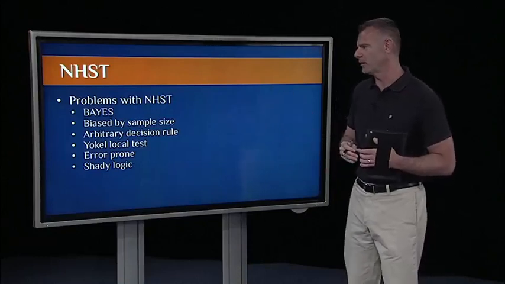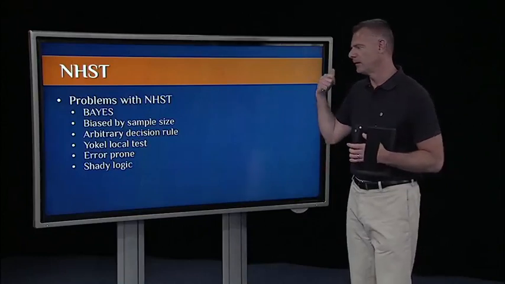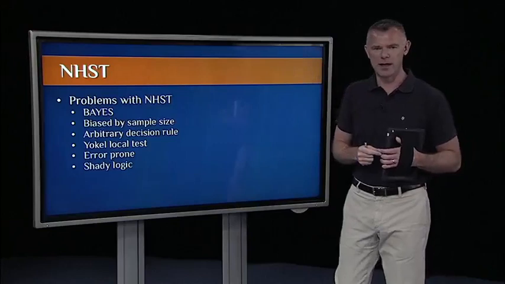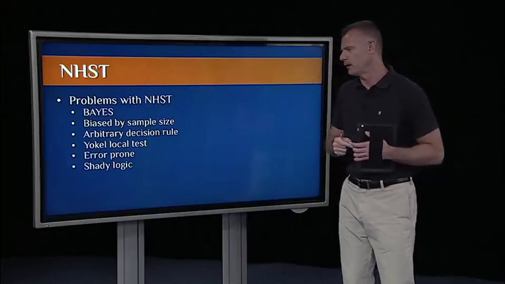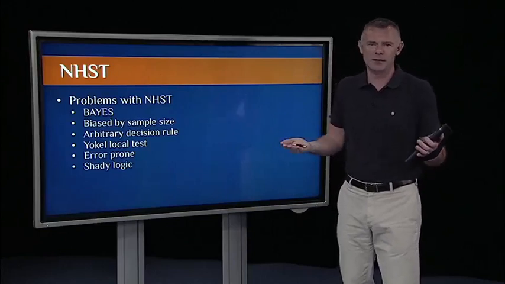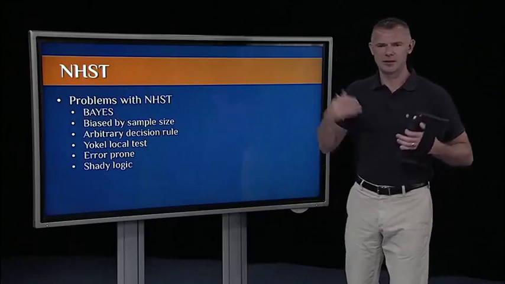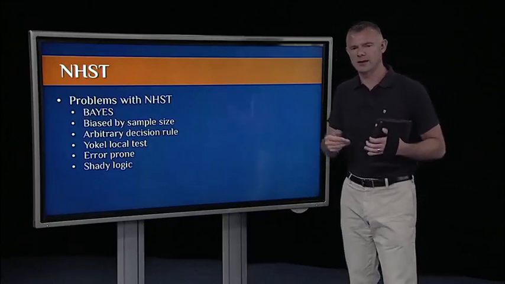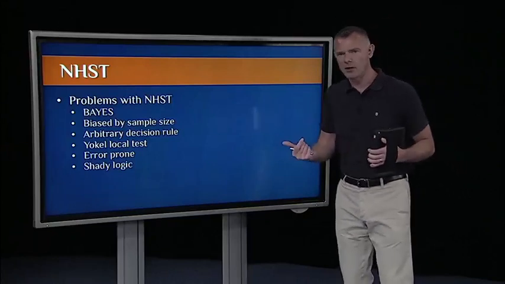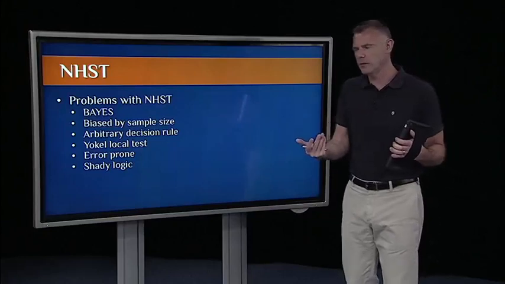The Bayes acronym stood for: NHST is biased by sample size. There's an arbitrary decision rule, right? We just pick alpha of 0.05 lots of the time. I call it the yokel-local test because a lot of researchers use it because it's the only thing that they know. It's the only thing that they were taught, and they just go on using it over and over again, even though in a lot of cases it might not be appropriate. It's error prone, so we're always susceptible to a type 1 error or a type 2 error.